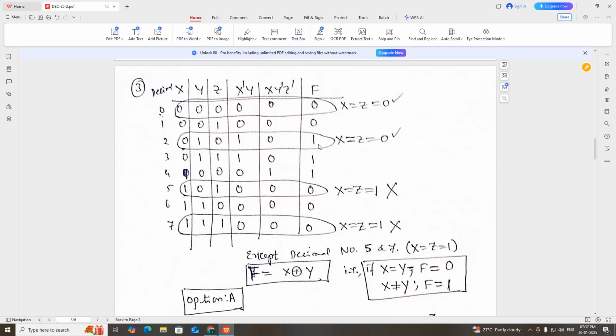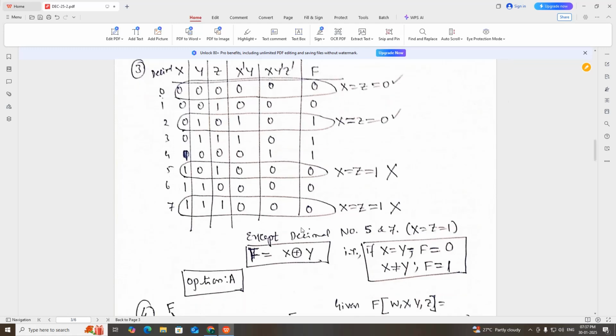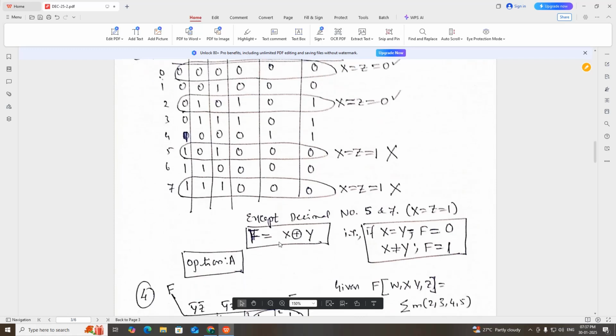So now the thing is, what about the F? If you look at this, consider F equal to X XOR Y. If you take XOR operation, if X equal to Y, F equal to 0. Otherwise, F equal to 1.